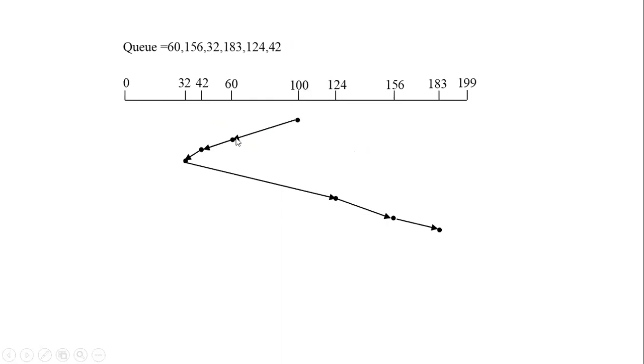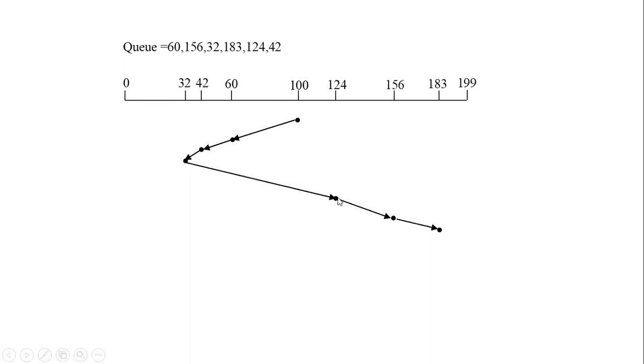So when it reaches 60, there is a request, so it services 60. Next it services 42, and next it services 32. So beyond this 32, there is no request. So there is no outstanding request between the cylinders 0 and 32. So it won't move further. It will reverse its direction and moves towards 199. It moves towards the outer cylinder.